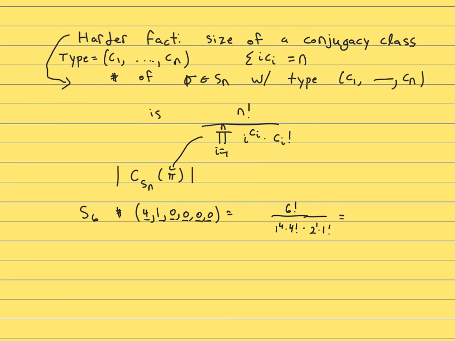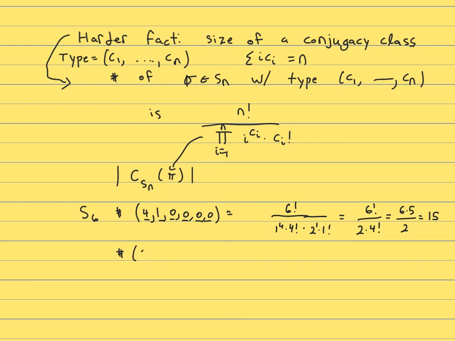And so what do you get? You get 6 factorial divided by 2 times 4 factorial. So you get 6 times 5 over 2, which is 15.